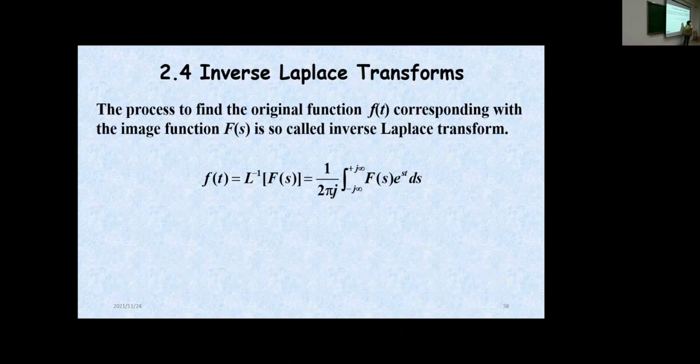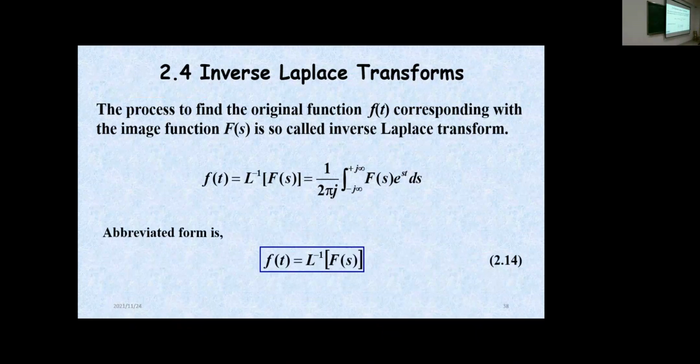The symbol is still the upright script L, but with a minus 1 superscript. These two come together to become the symbol of the inverse Laplace transform. Upright L alone is the Laplace transform, but if you do the inverse, you should have a minus sign here. The related form is this. This is the definition.